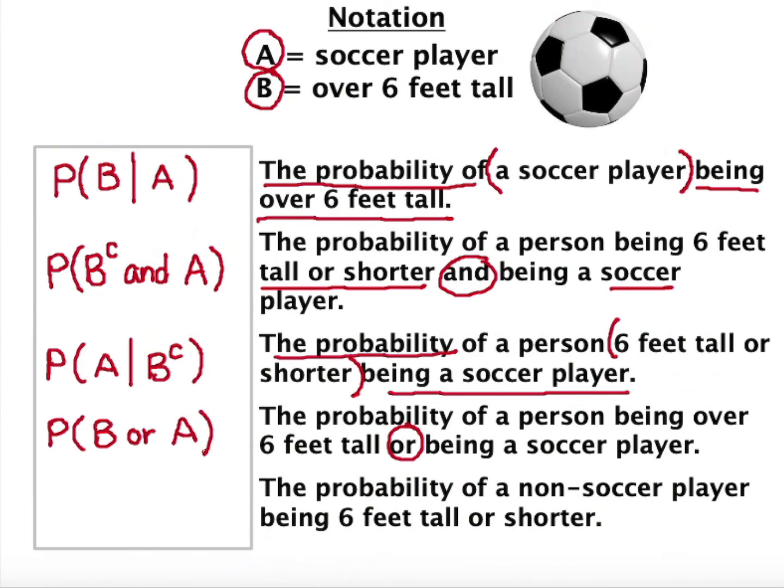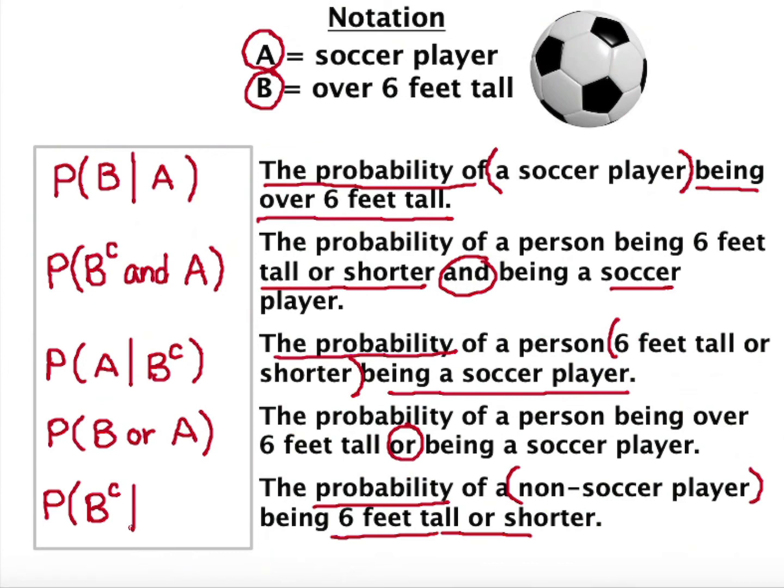The probability of a non-soccer player being 6 feet tall or shorter. Do you recognize this as one where we've narrowed it down and we're only interested in non-soccer players, and we're finding the probability of them being short? So we want to think about, what am I finding the probability of? I'm finding the probability of them being short.